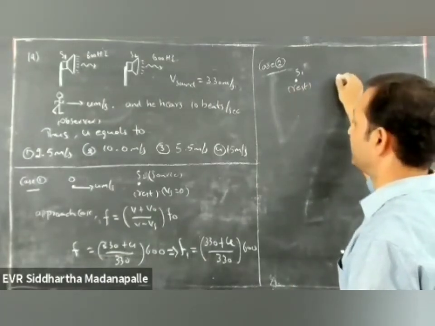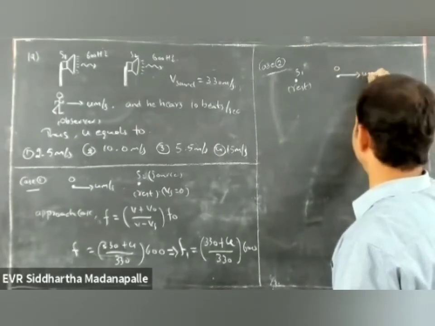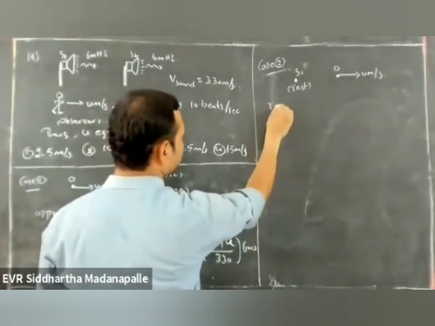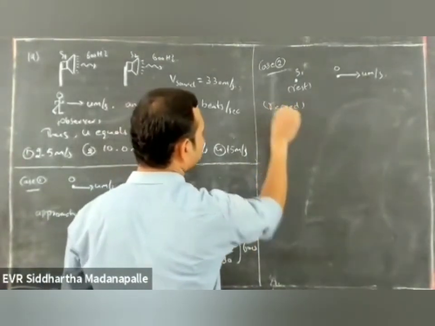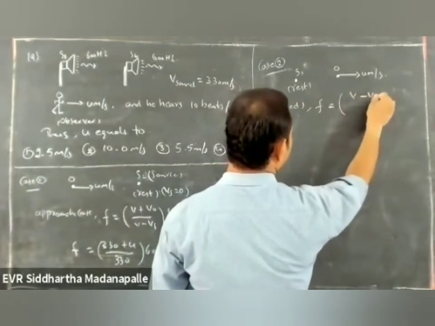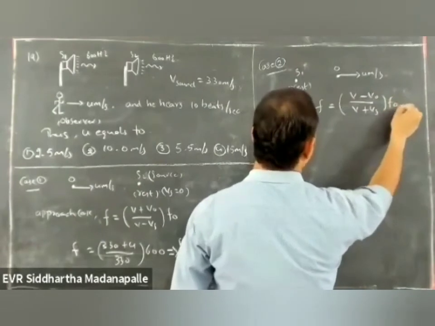And the observer is moving away from S1 at u meter per second. So in the recede case, the apparent frequency is equal to (V minus V naught) by (V plus Vs) into F naught.